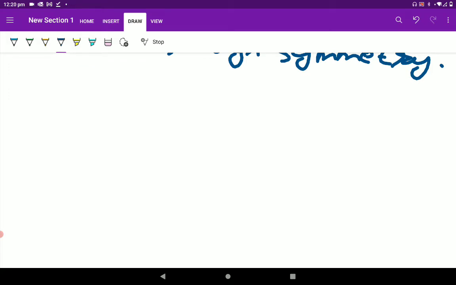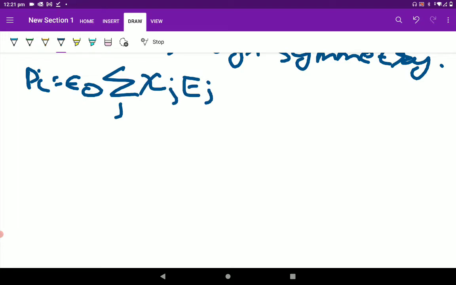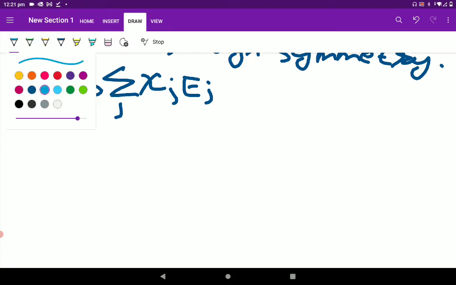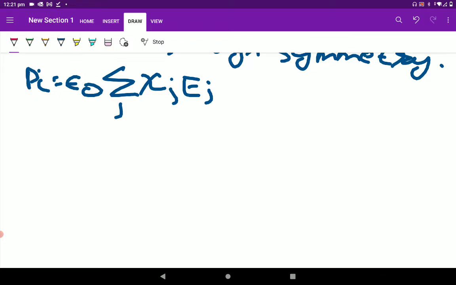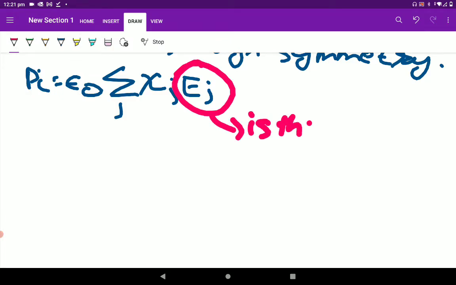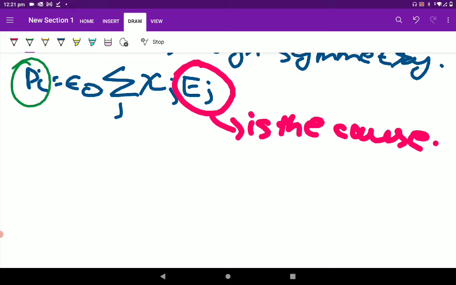So here in this equation, the applied electric field is the cause and this is the effect.